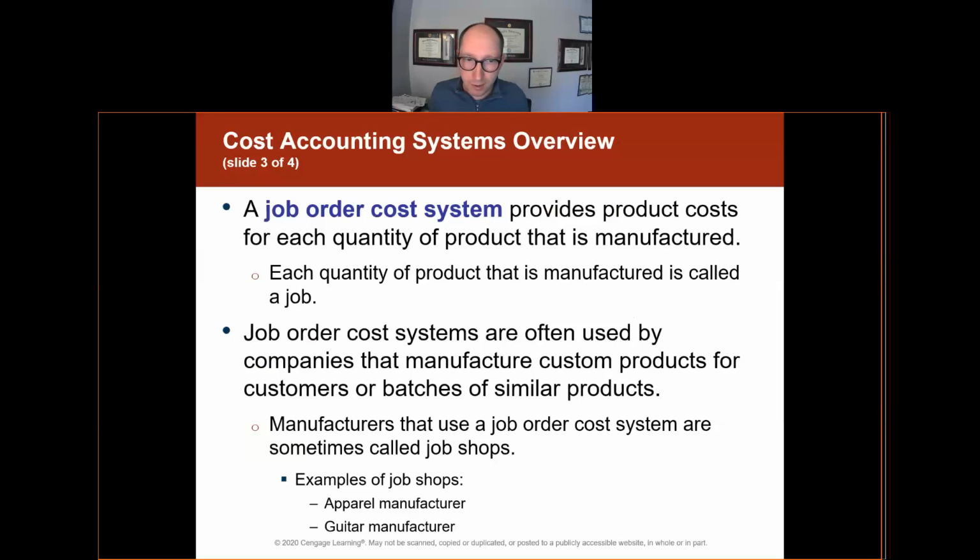That's a run. And those runs, when they're completed, create what we call batches. You don't have to worry too much about that. I just want you to understand what a batch is. But for the most part, in job order cost systems, we focus on customer orders. An example would be the guitar manufacturer. We manufacture guitars based off of customer orders.